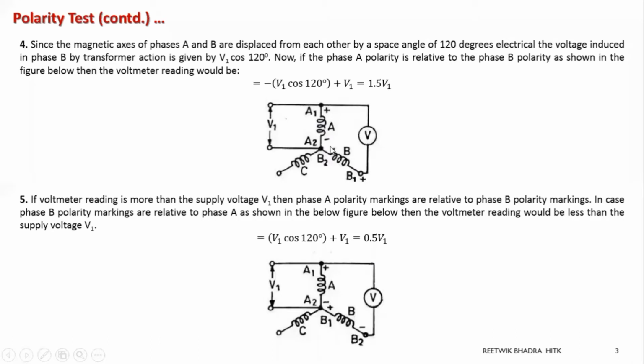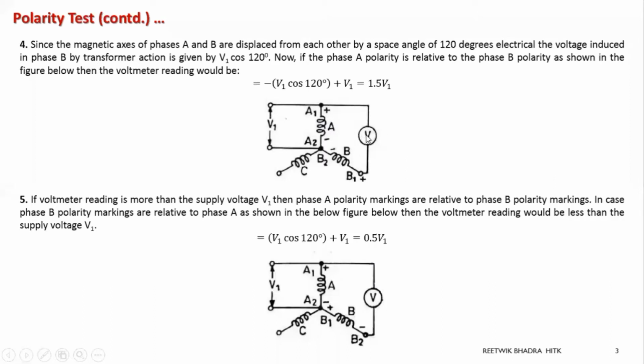What will happen? If you apply KVL in this loop in a clockwise direction, you will get plus VA, since this terminal is plus and this terminal is minus. Plus to minus, the voltmeter will show minus V, so plus VA minus V, and then again in the clockwise direction, plus to minus, so minus VB.